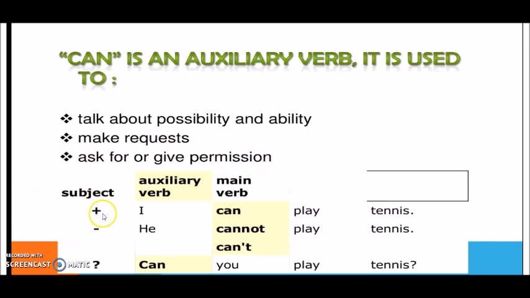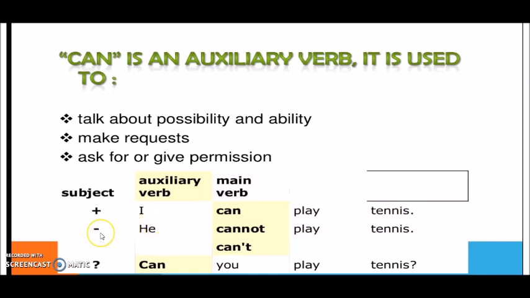Okay, for the affirmative you have subject, in this case it's I, the auxiliary verb, remember that it's an auxiliary verb, can, and then you have the main verb, that is play, and complement. Remember that always the sentence has to have a complement.